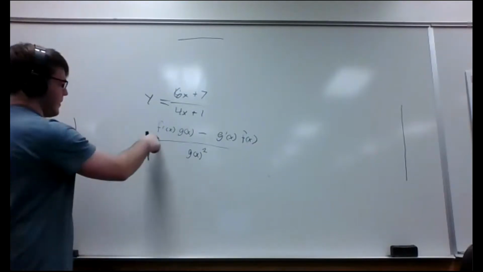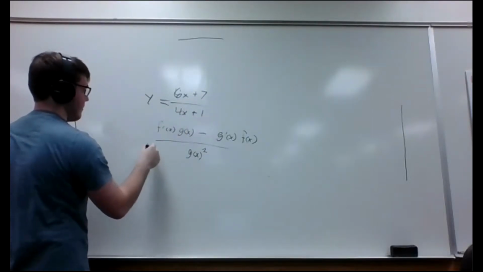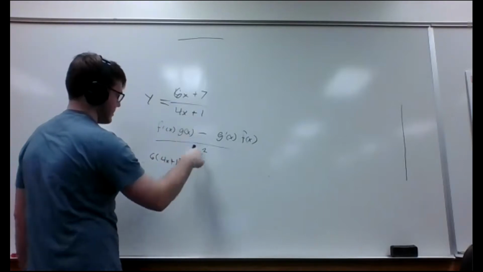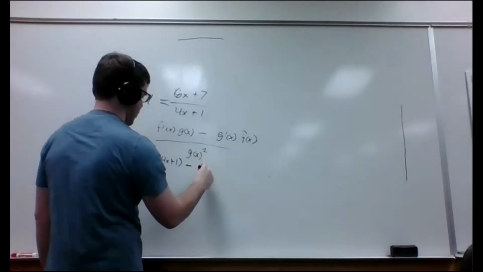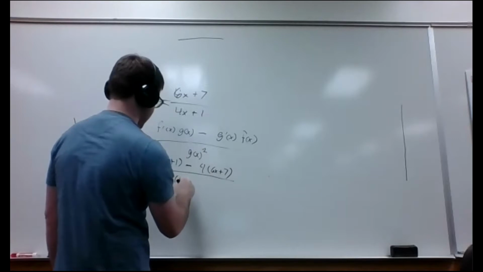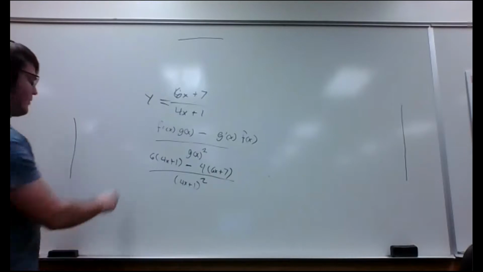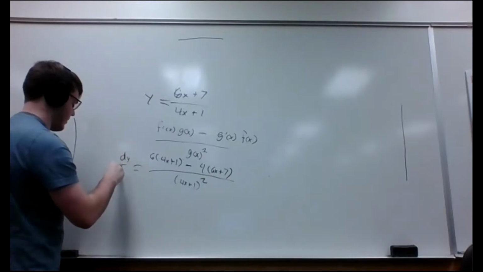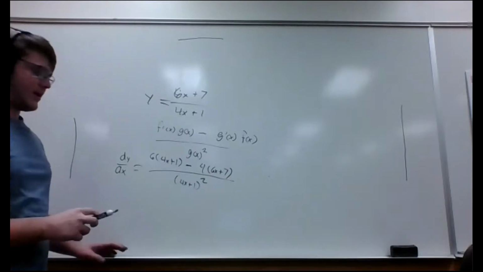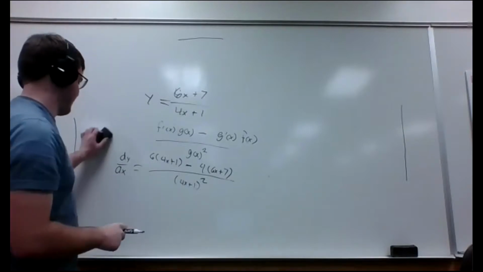But essentially, we could go through and resolve this, right? So it would be 6 times 4x plus 1, minus 4 times 6x plus 7, all over our 4x plus 1 squared. All right, so this would be our derivative for this problem. Are you guys good with this one now? All right.